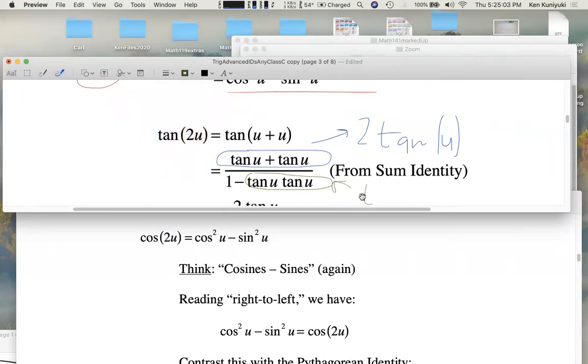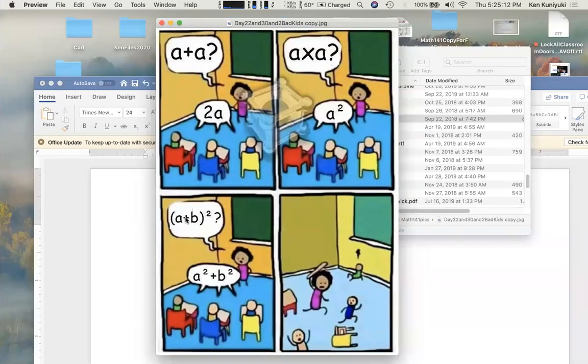A lot of students mix these up. That's why I kept going back to that meme. Students forget that this equals this and that this equals this, and it's not switched. A plus a is 2a. A times a is a squared.